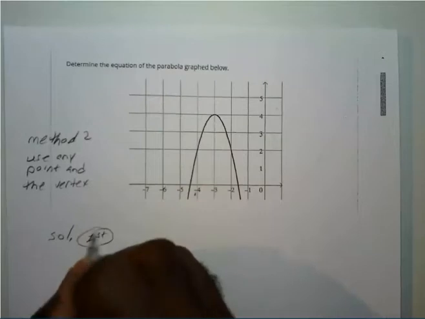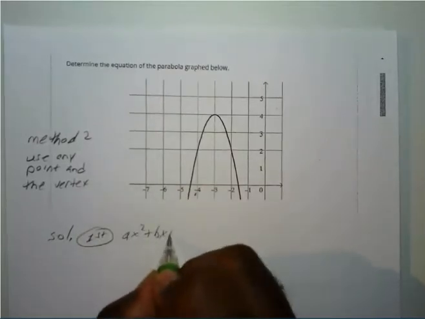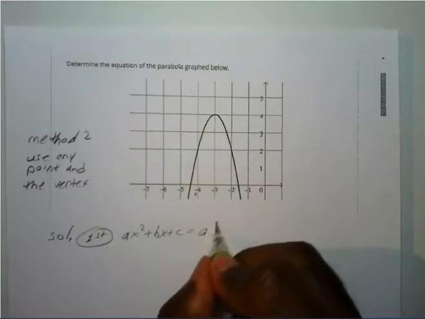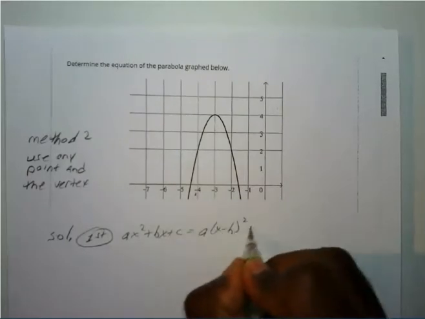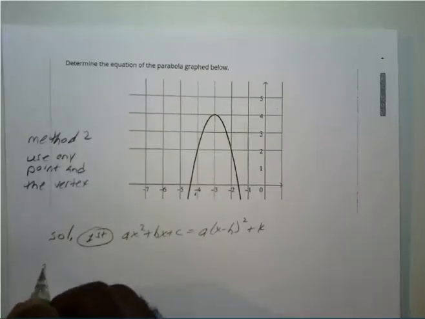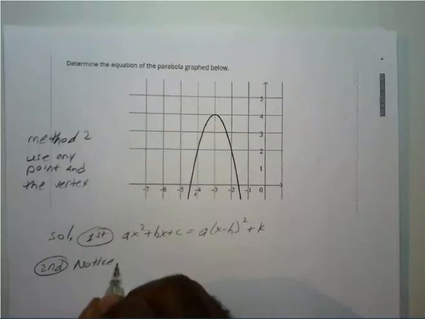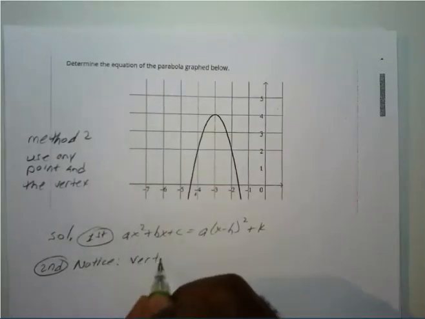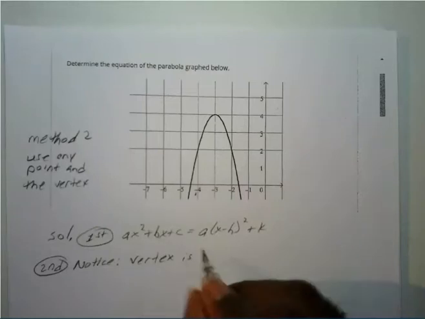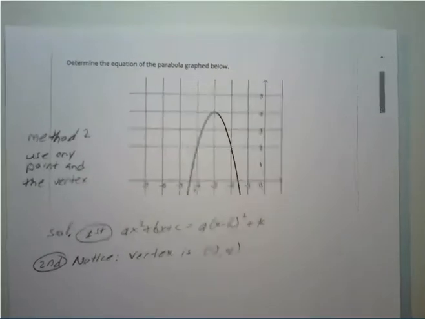Once again, it starts the same way as before. The first step is you want to remember ax squared plus bx plus c is equal to a times x minus h squared plus k. But on this one, instead of the x and y intercepts, we're going to notice that the vertex is at -3, 4. Well, what does that tell us?